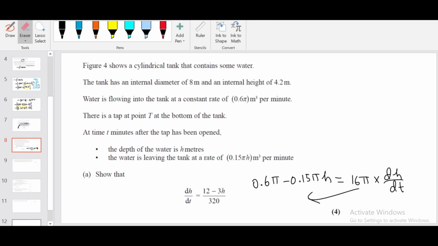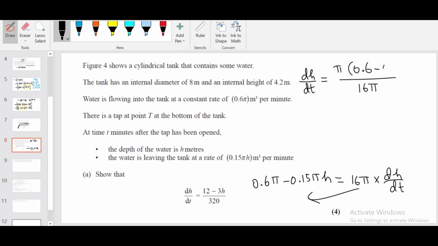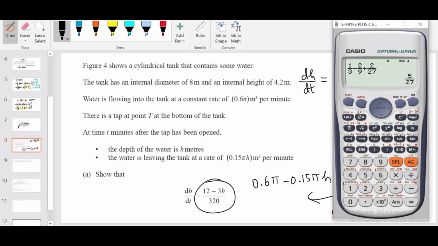So when you divide by 16 pi, you will get dh by dt is equal to, the denominator is 16 pi. Numerator, if you take pi as a common factor, 0.6 minus 0.15h. Can cancel pi and pi. But we need this answer, 320. So 3, but we have 60, right?